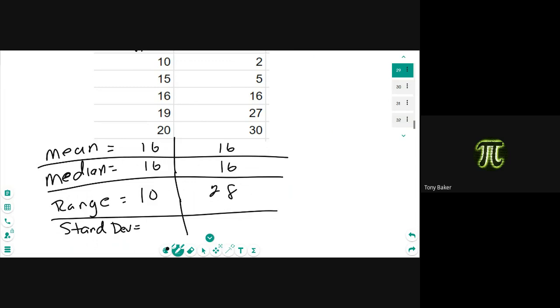You're going to use the population one, not the sample one.